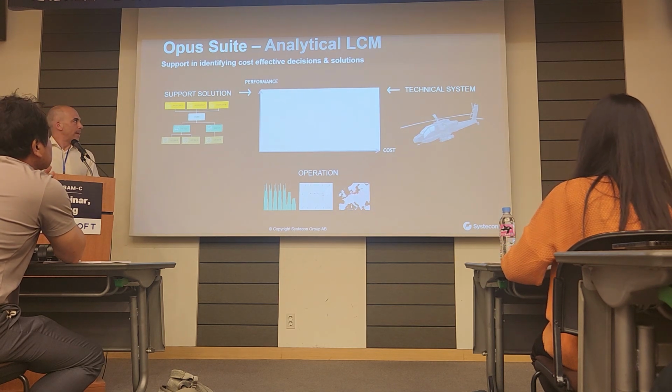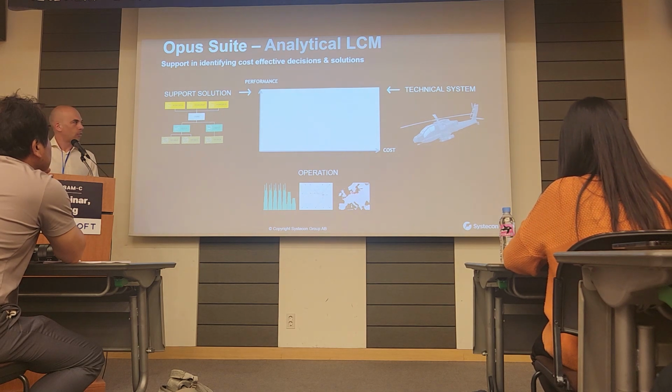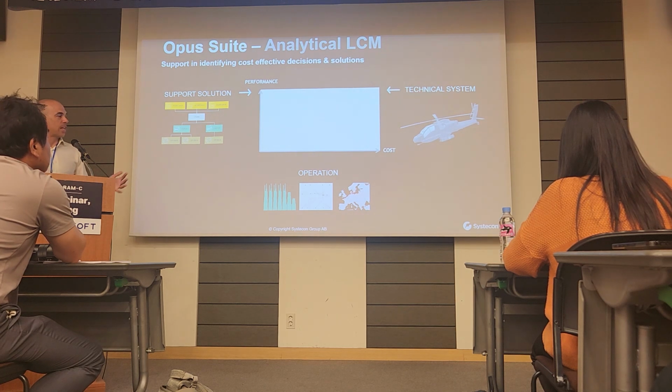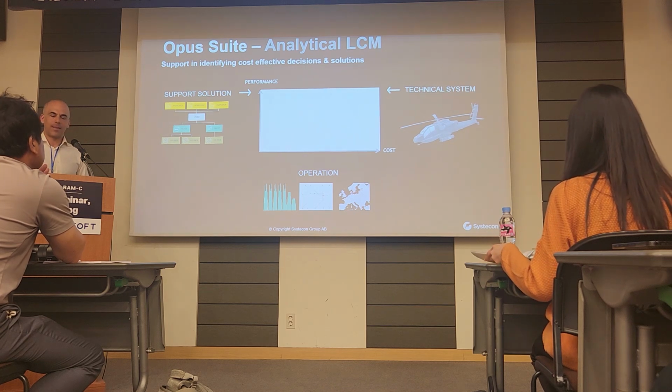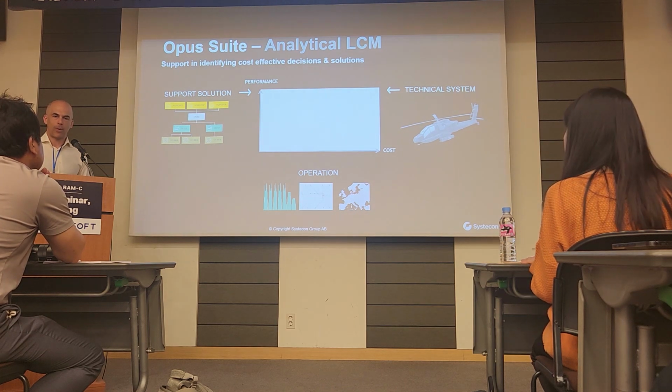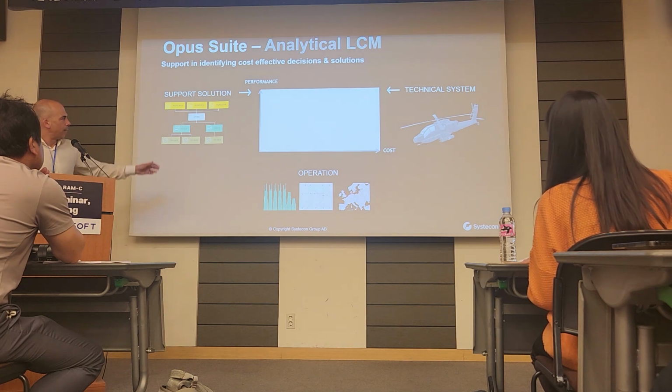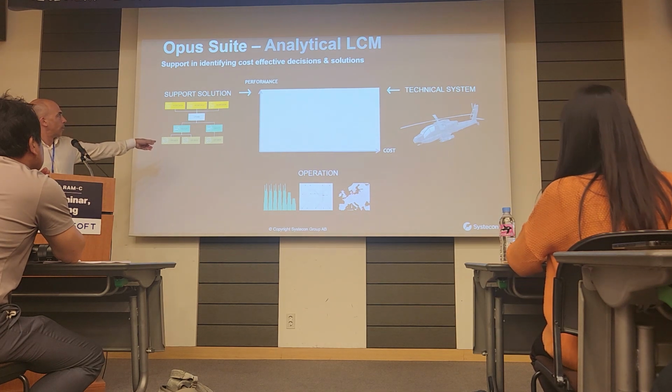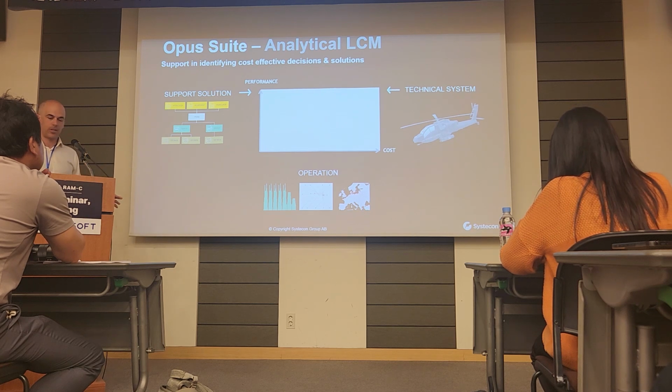And that may illustrate that for a certain cost, we will get a certain performance. And by cost here, we could say sustainment costs. By investing in maintenance resources and spare parts, etc., and by analyzing this support organization, the system, and the operations together, we will get a certain bang for the buck, so to speak.